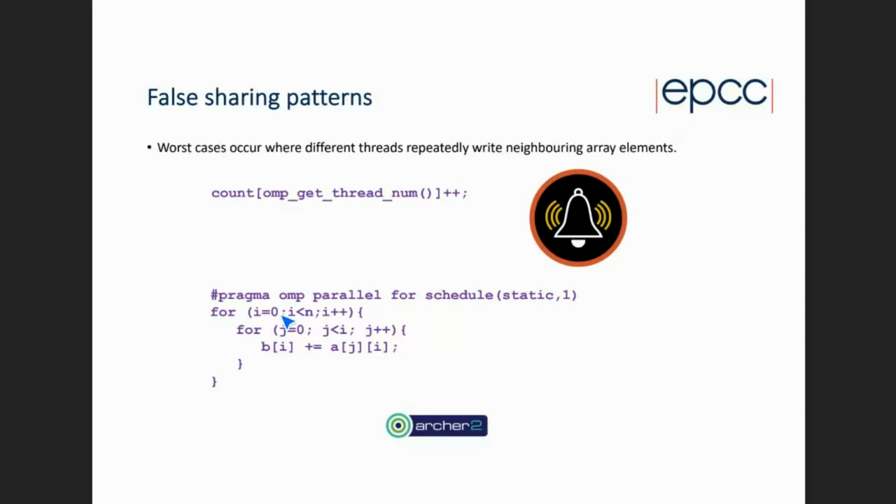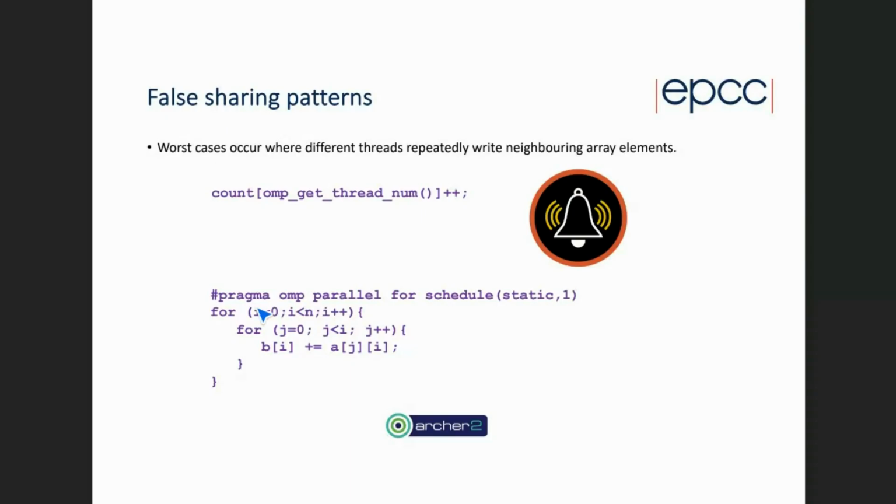Or you can also run into problems with patterns like this. Suppose I have this unbalanced loop nest again. It's unbalanced because the upper bound on j is i. So I choose a static schedule with a small chunk size.